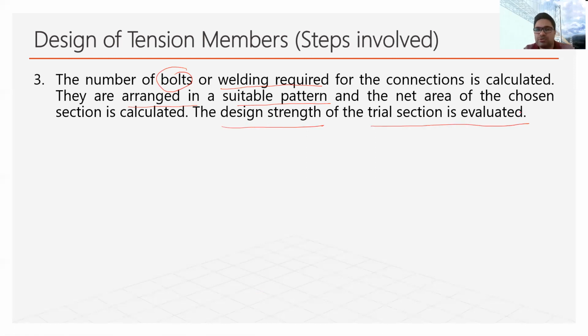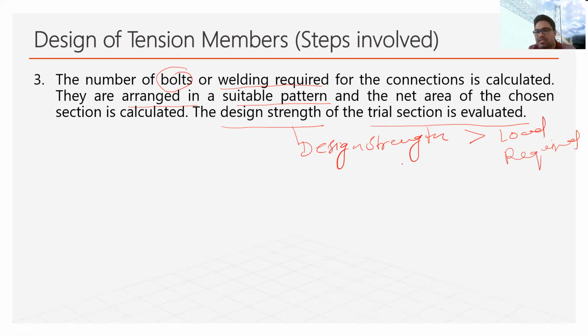The trial section that we have chosen in the previous step, we will find out its strength using the formulas that we have discussed so far, like TDN, TDG, TDB, and then we will check whether the design strength of the chosen trial section is more than the load required, which was given in the problem.